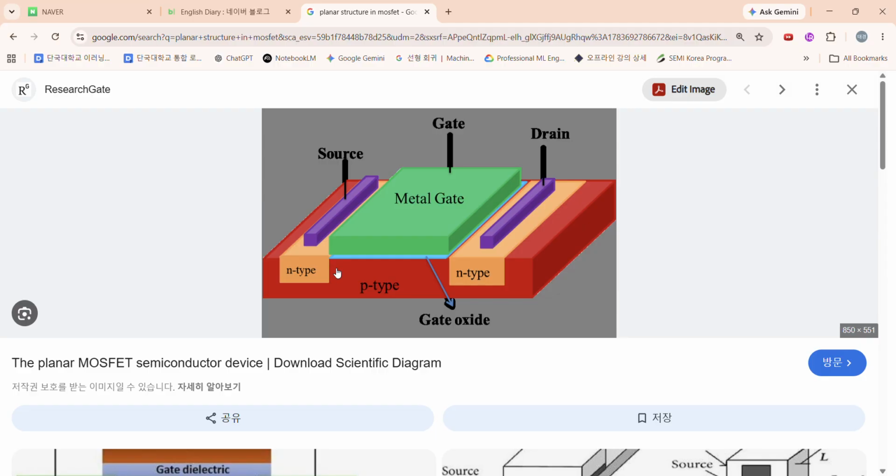This one is a channel between N-type and N-type, and usually the channel is lined up horizontally.